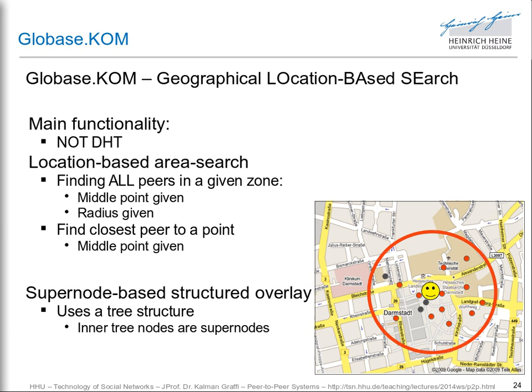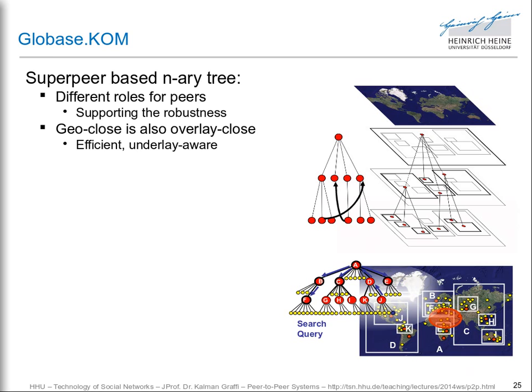Globase uses a supernode-based structured overlay, and it uses a tree structure where inner tree nodes are supernodes. We will see on the next slide how to construct and use this hierarchical overlay. So this is an overview slide of Globase.KOM. We have a super peer-based n-ary tree.